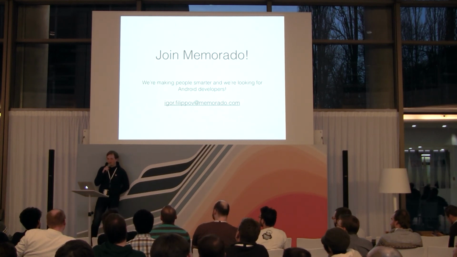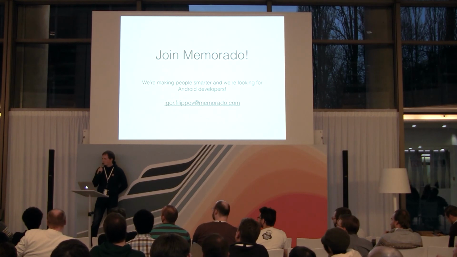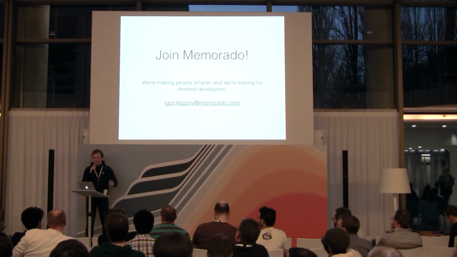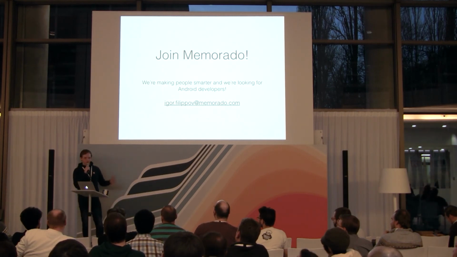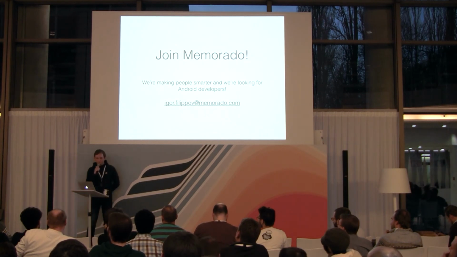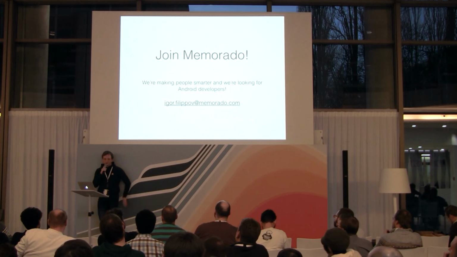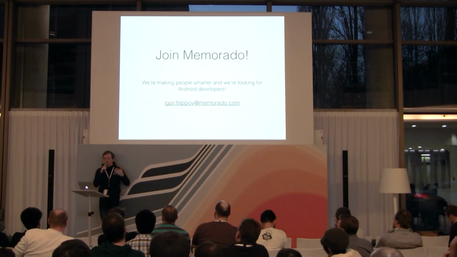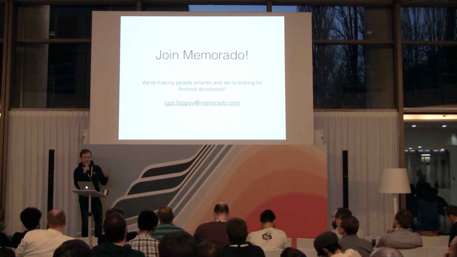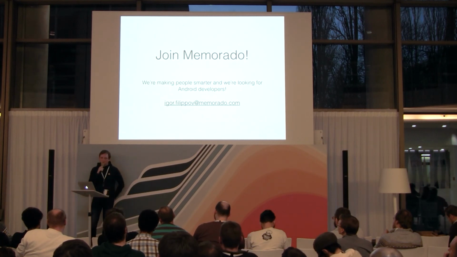Can you please repeat the question for the camera? Whether I would test the activity, which I showed on the first slide. I would say no. I could write instrumentation tests for it, but with the structure I showed, it's really hard. You can do this with Espresso, but then you need to use dependency injection frameworks because you cannot easily inject stuff into an activity.